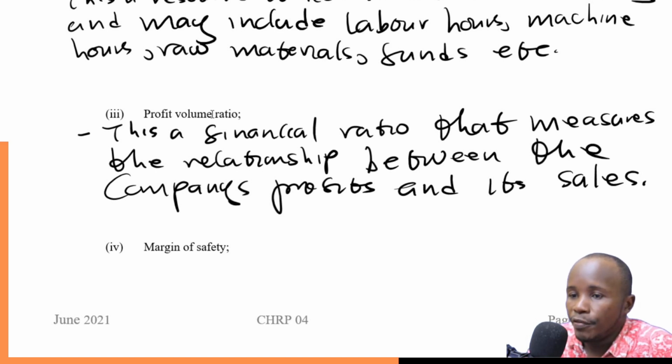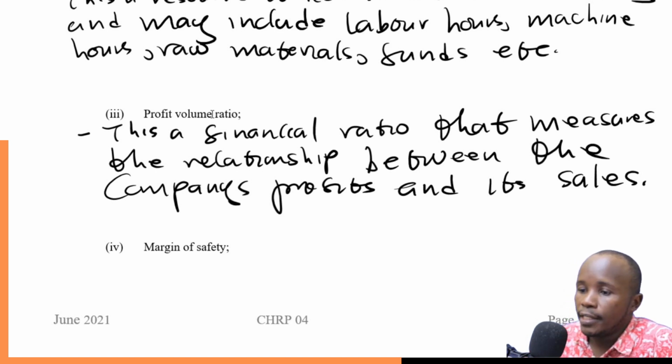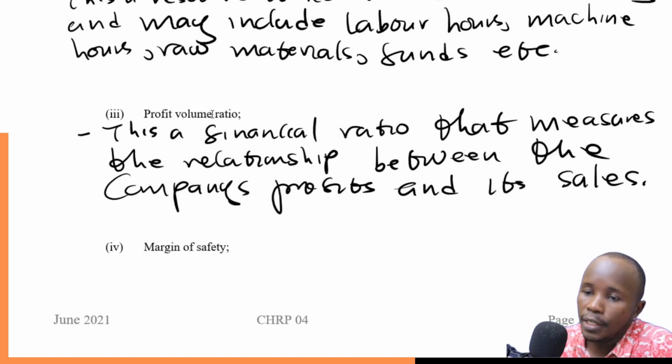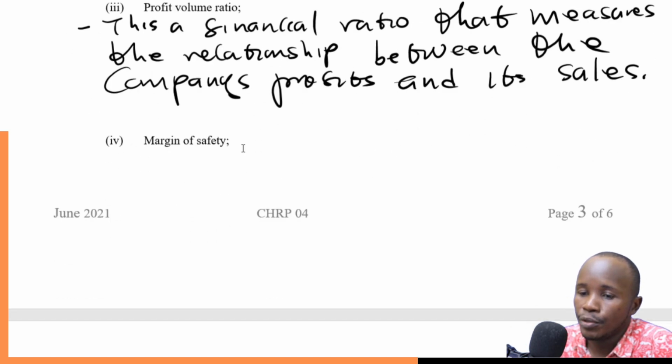When you're talking about the profit volume ratio, we are looking at the ratio at which the profit is derived from the company's sales. That is what the profit volume ratio refers to.